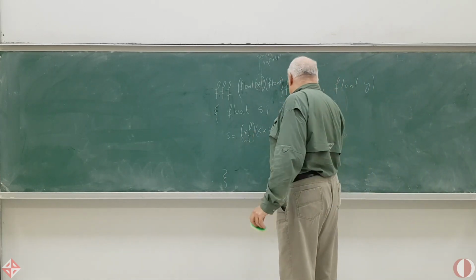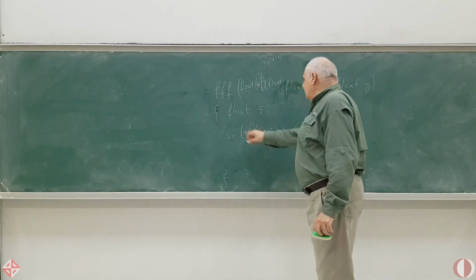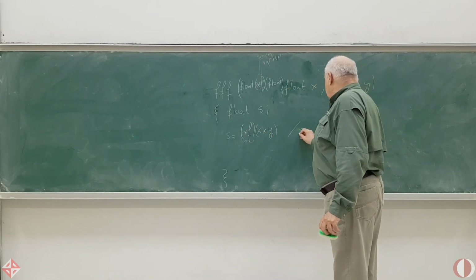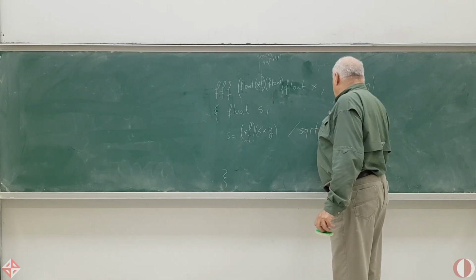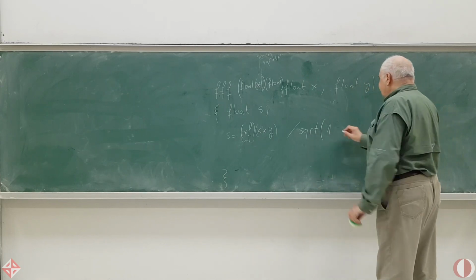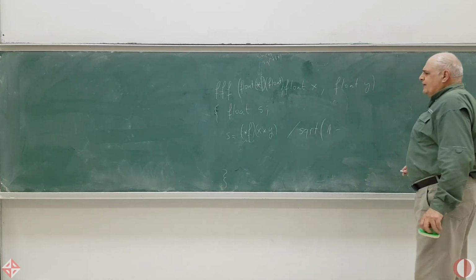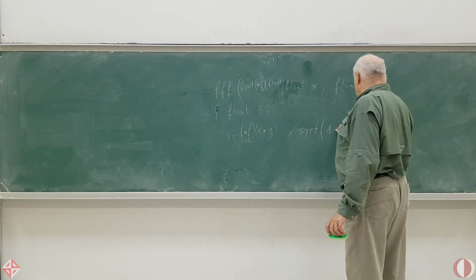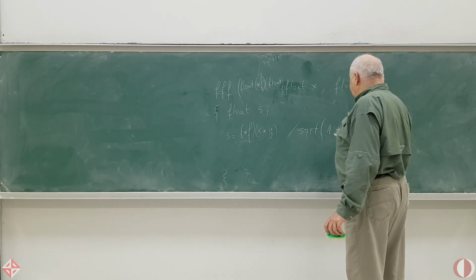This is just an example. So I divide this entity by something like 1 minus or 1 plus.